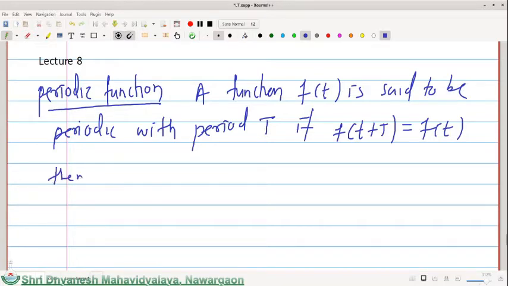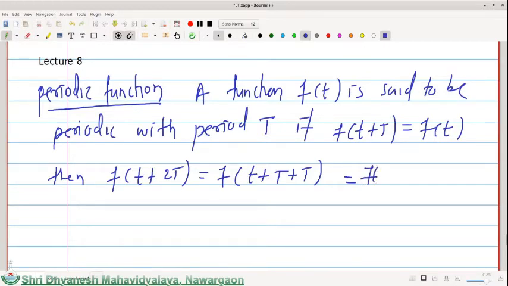Then f of t plus 2T can be written as f of t plus T plus T, which equals f of t plus T, since f of t plus T is equal to f of t.